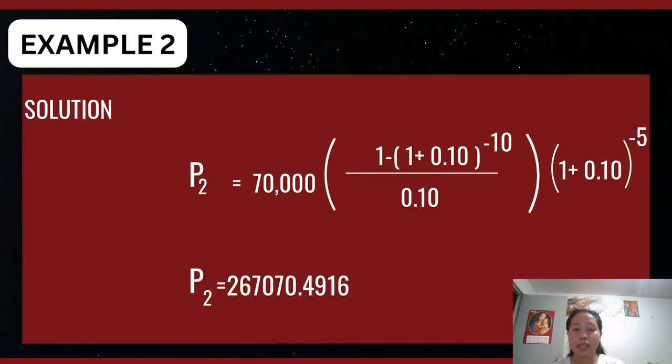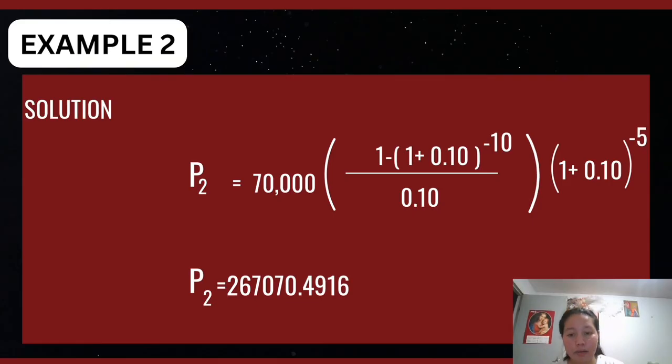So we calculate the PV as of year 5, then discount it back to the present, which is year 0. As presented, it is 70,000 times the quantity of 1 minus (1 plus 0.10) raised to negative 10, since it's 10 years, divided by 0.10.